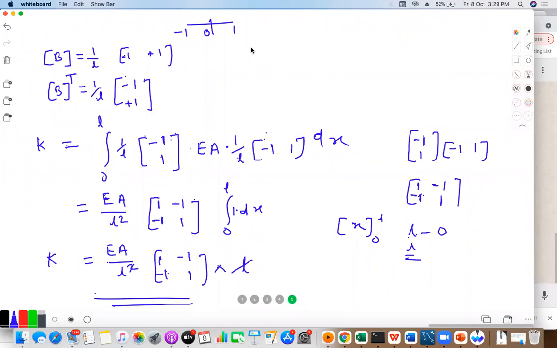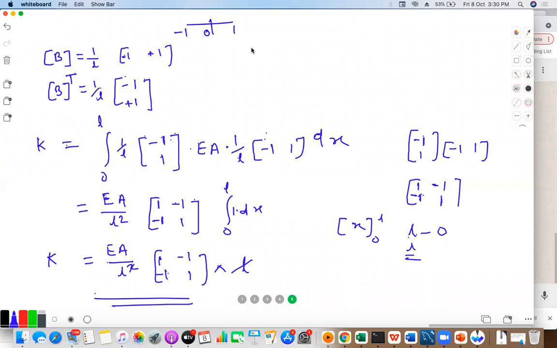So now we have seen both the methods, direct approach and variational approach. That was for just a simple 1D element.